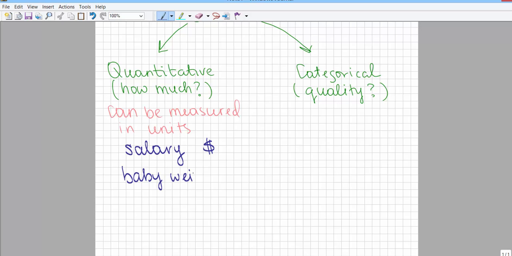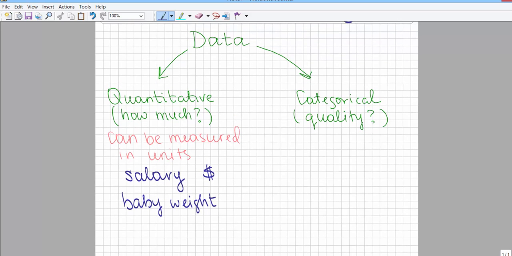When you have an announcement on Facebook that one of your friends had a baby, they say, okay, how much does this baby weigh? And what is it measured in? Pounds. Okay, so when you're dealing with quantitative data, these are the two questions that you should be able to ask. How much? What is it measured in?